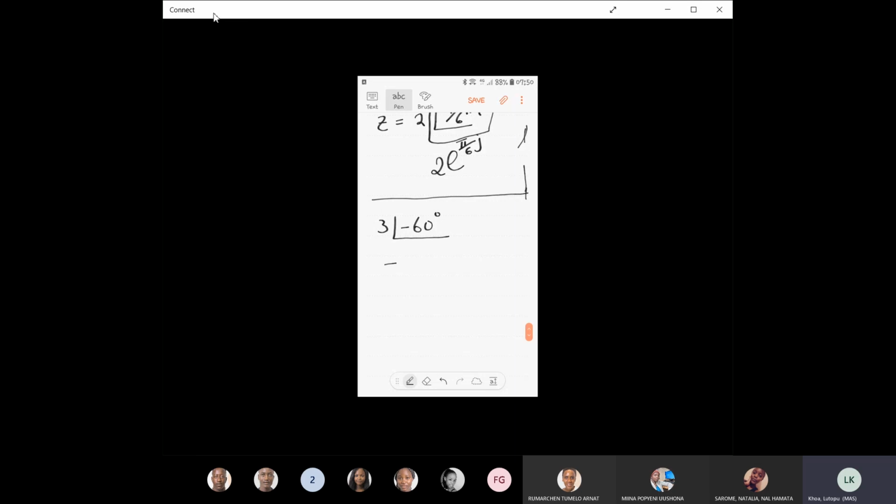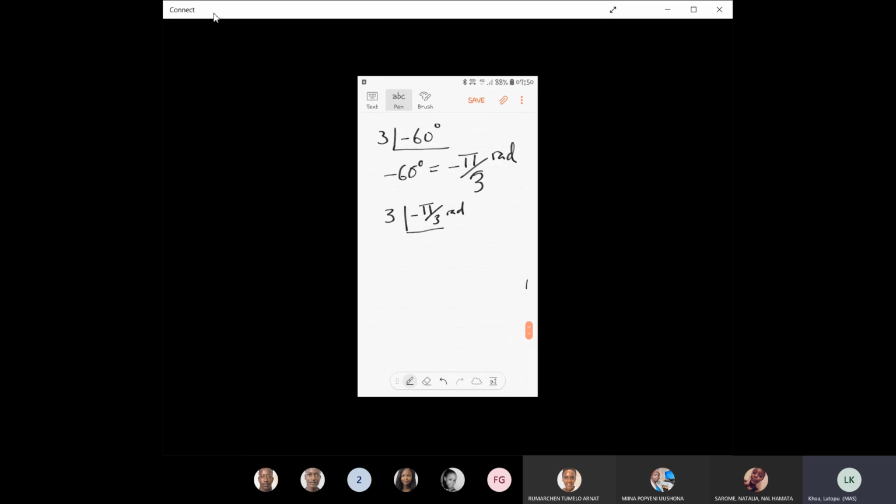So minus 60 degrees is just equal to minus pi over 3 radians. Okay, so I can rewrite this as 3, minus pi over 3, and this is in radians.